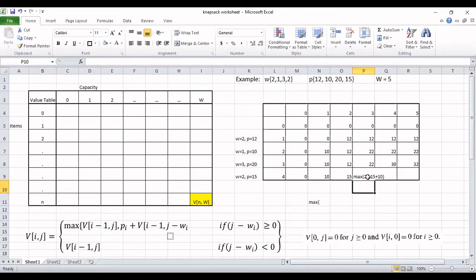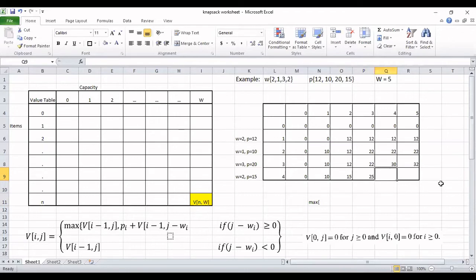We have a contention between 22 and 25, therefore our cell value becomes 25. Now what does this 25 signify? Which items have we included? Second and fourth item we have included. Simple.